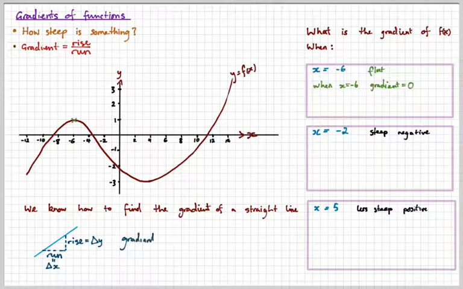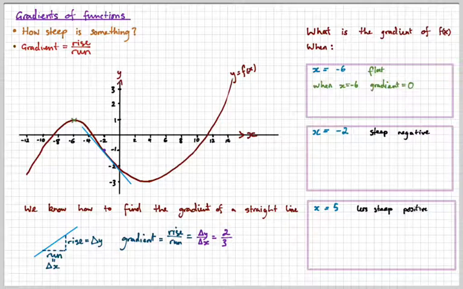I'm writing it like this for a particular reason. So rise over run is the change in y divided by the change in x. In the example I've done, it's 2 squares up divided by 3 squares along, so the gradient is 2/3.